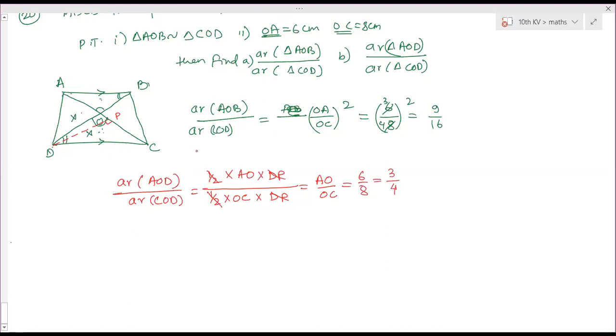So 3 by 4 is the ratio. Is it clear? Second part, mark it. Here you are not using the area of similar triangles formula, because we cannot find the area of the two triangles. Is it clear? Yes, ma'am.